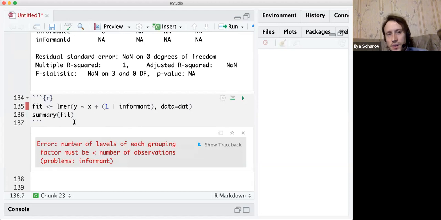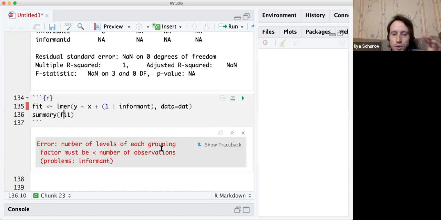Yes, and in a sense it's reasonable. It also doesn't work because it doesn't make sense to consider a case when we have only one group for each observation, because we want to use this random effect if we have some grouping, like we discussed at the lecture. We have several rows for each informant, but if we have only one row for each informant, then it doesn't make sense. Okay.